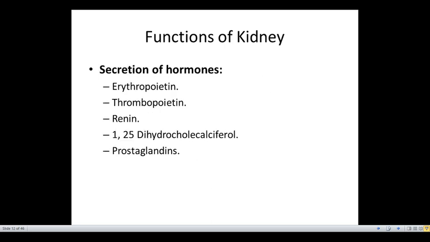Kidney can cause secretion of various hormones, including erythropoietin, thrombopoietin, renin, 1,25-dihydroxycholecalciferol, and prostaglandins.